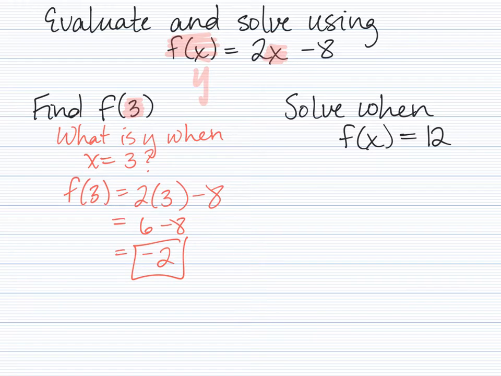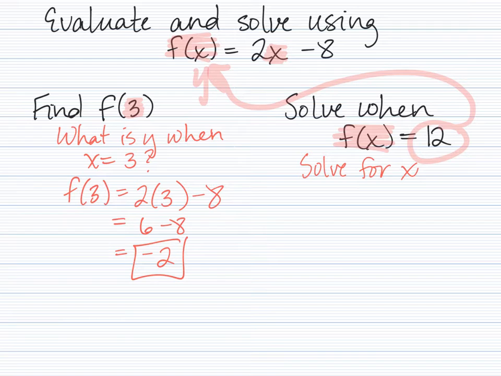On the other hand, when I'm solving when f of x equals 12, I don't have a value for x. I have the value for f of x. So I'm going to take this 12 and I'm going to put it in for f of x. So this is like asking solve for x when y equals 12.